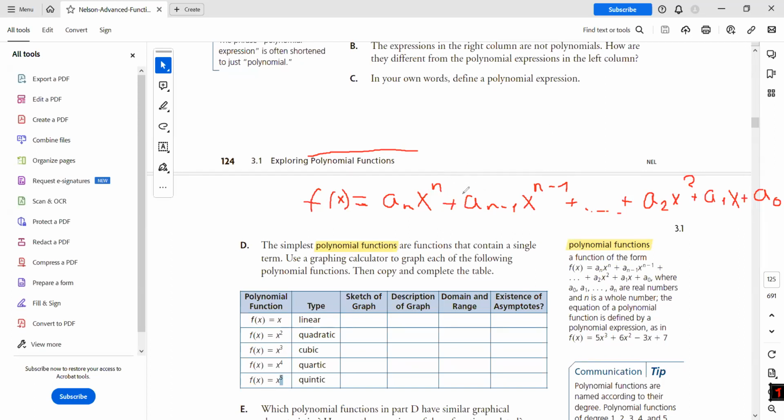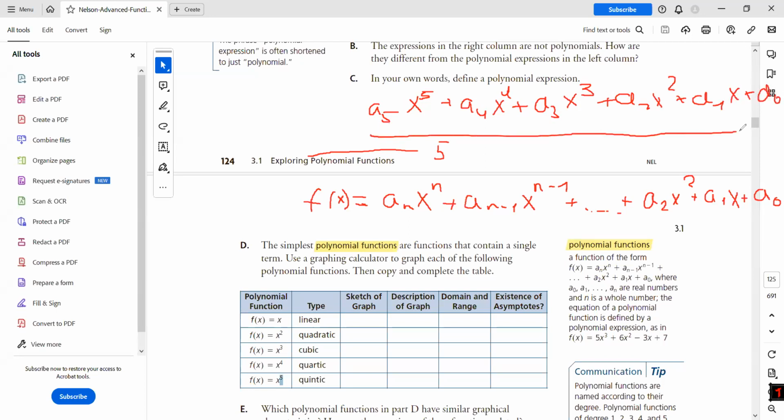Let's say if the degree of your polynomial function is 5, you would have a_5, the coefficient in front of x to the 5th power, plus the coefficient in front of x to the 4th power, plus the coefficient in front of x to the 3rd power, plus a_2 x squared, plus a_1 x, plus a_0.